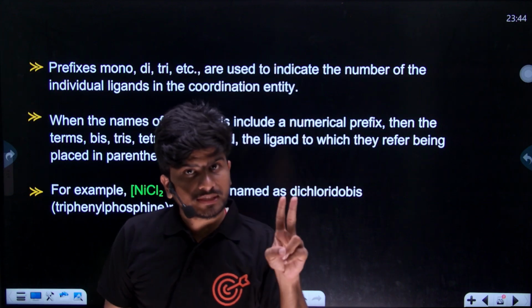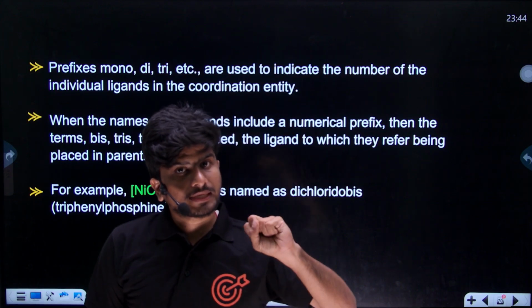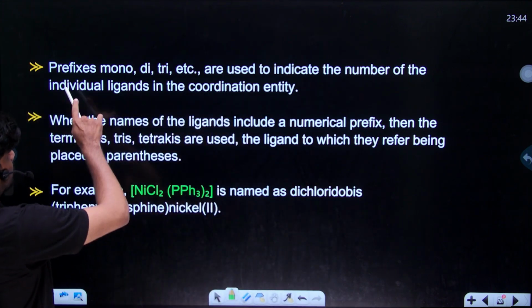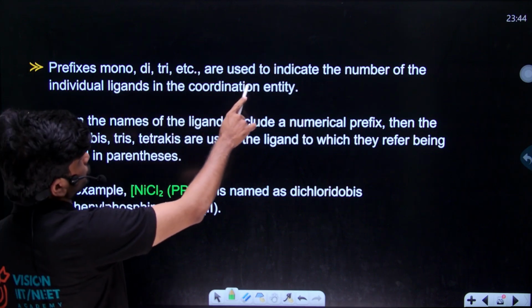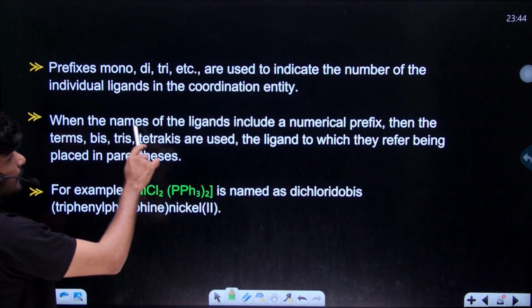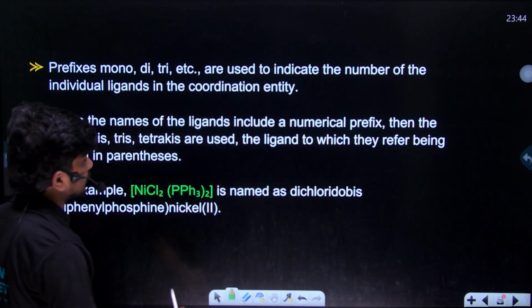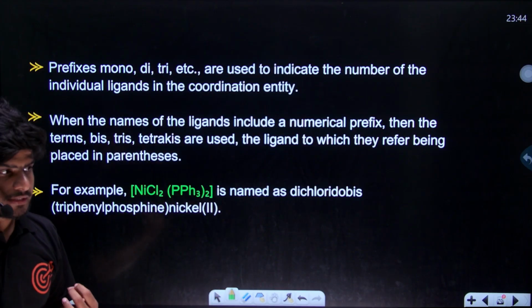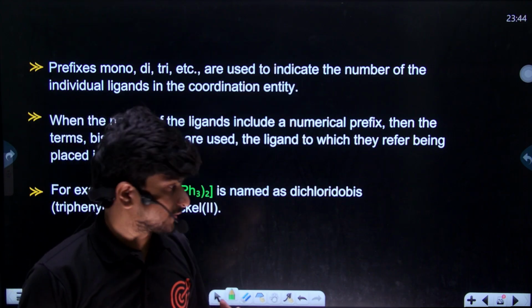But if there are two en ligands in your compound, you will write bis, not di. When the names of the ligand include a numerical prefix, then bis, tris, tetrakis are used, and the ligand is placed in parentheses.